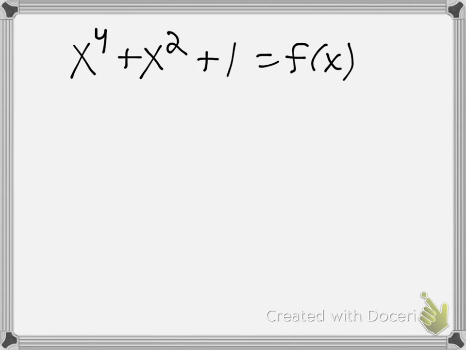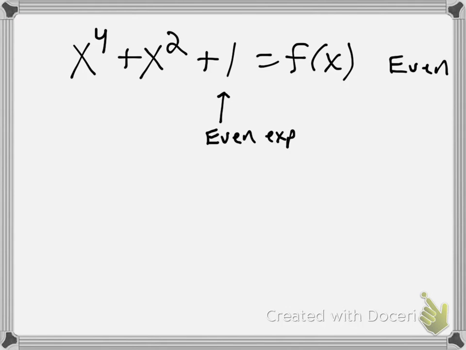What about this one? Pause it and try to figure this one out. Okay, hopefully you paused it and tried to figure this out. This is an even function. And hopefully you're asking, well, what about this? It doesn't have an even or an odd. It's just a constant. Well, remember, I told you we're going to treat constants as if they have an even exponent.